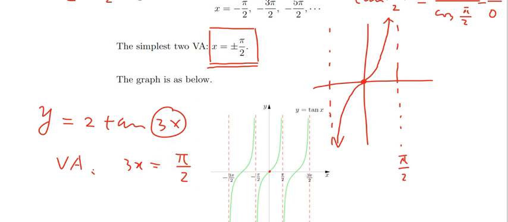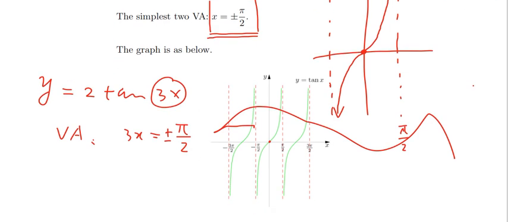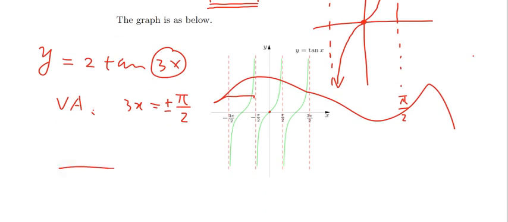Those are the most important things. So we have two vertical asymptotes, and once we have them, we can easily sketch the graph. Then it repeats.